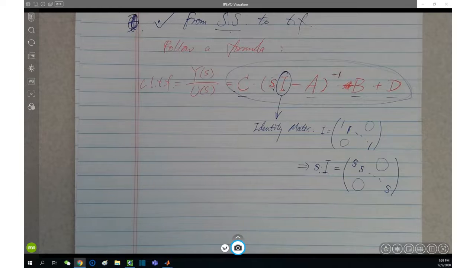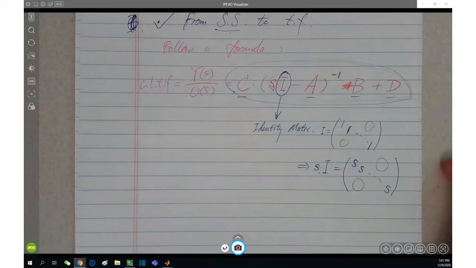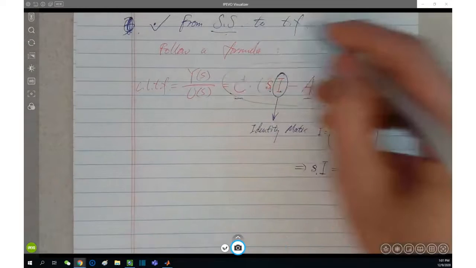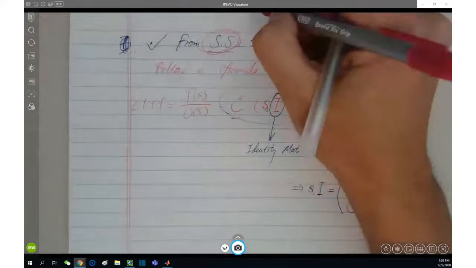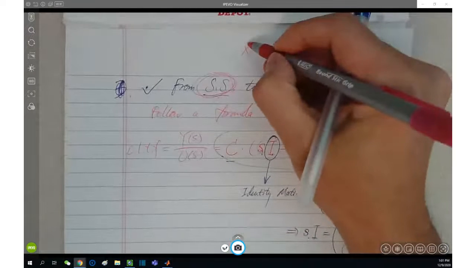Okay. Last lecture we talked about the formula we're going to apply to solve such a problem. First of all, you need to realize the given state space representation looks like this, right? So you need to be clear.